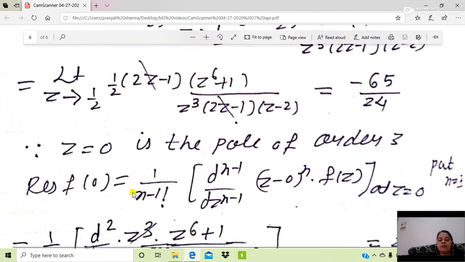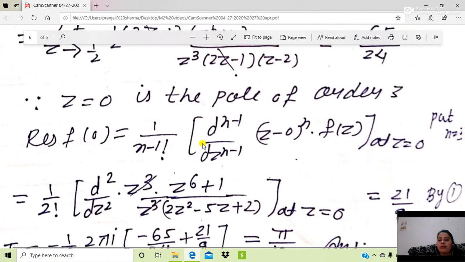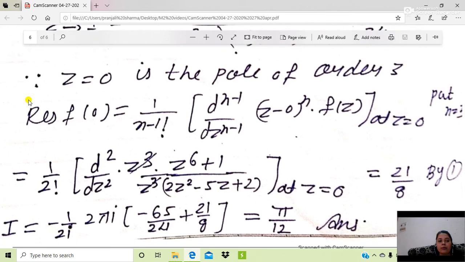Now we have another pole at z is equal to 0, but it is a pole of order 3. So we have to use the formula for a higher order pole. So the residue of f at 0 can be calculated using the formula 1 upon factorial (n minus 1) times the derivative of (z minus a) to the power n into f(z), at z is equal to a. Since our a is 0, we put (z minus 0) to the power n into f(z), at z is equal to 0. And since the order is 3, in place of n we put 3.